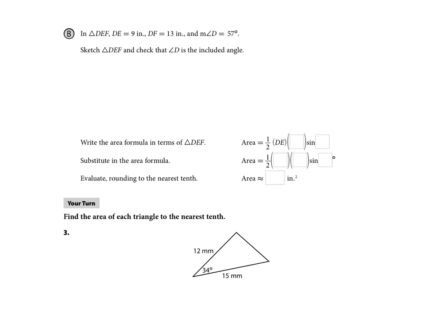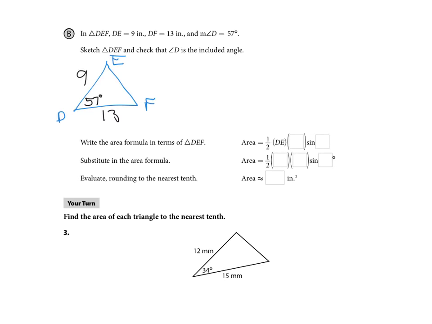If I don't have a diagram, I just sketch what looks like an equilateral triangle, and I put the labels on, D, E, F, that they're telling me this triangle is, and then I just put the measurements on. So I know that DE is 9, that DF is 13, and that the measure of angle D is 57 degrees.